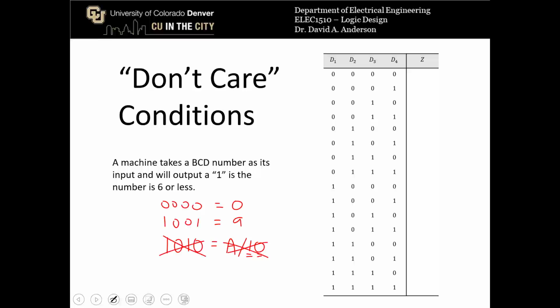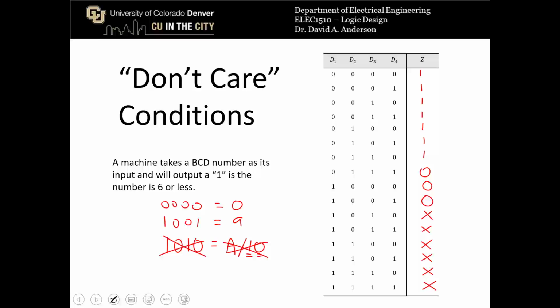Therefore, anything that has a BCD input is going to require 4 bits, but there's going to be a bunch of don't cares because a lot of these inputs are not actually BCD numbers. So anything from 1010 all the way up to 1111 is going to be a don't care condition because they're not BCD inputs. So then let's fill in the rest of the K-map. 6 or less will produce a 1. And then 7, 8, and 9 will produce a 0.